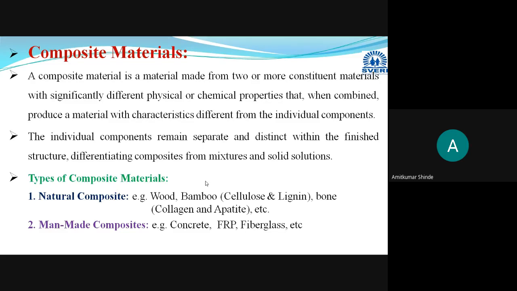Now, composite material, here I have taken some points. A composite material is made up of two or more materials. There will be a combination of a minimum of two different materials having different physical and chemical properties; more than two can also be considered.